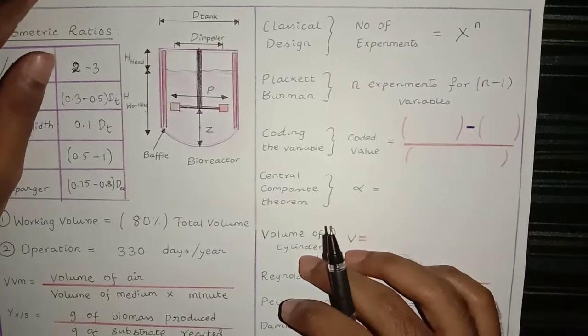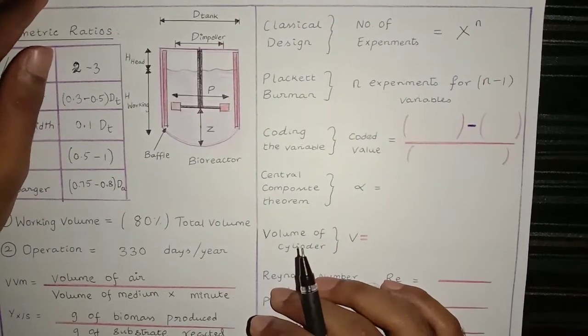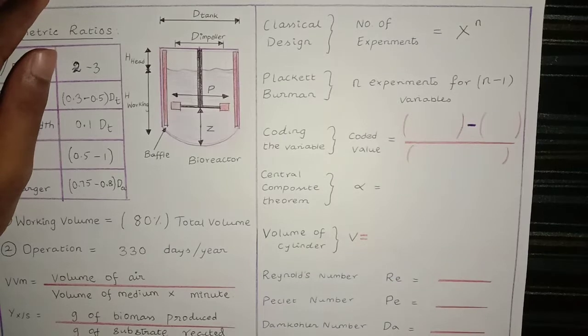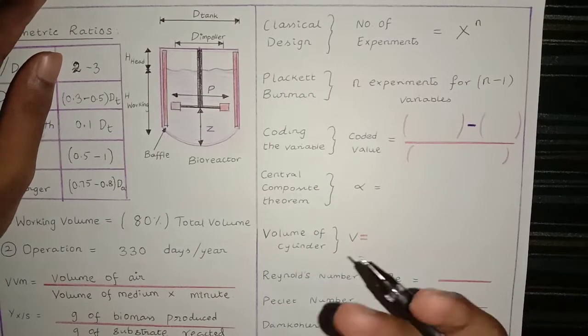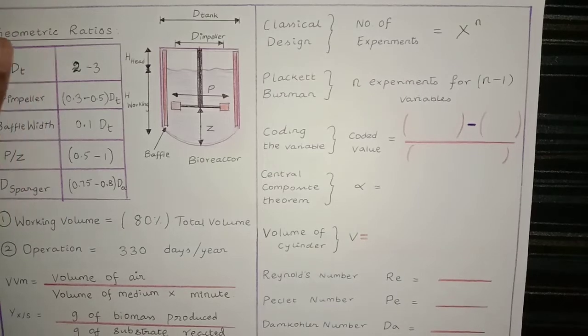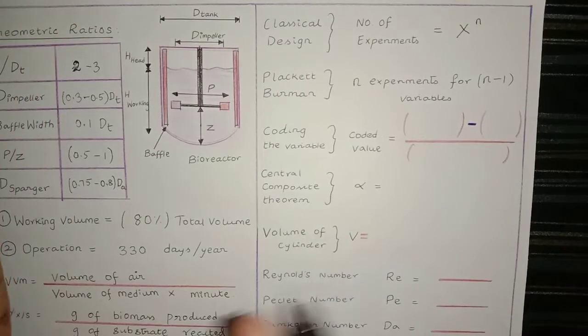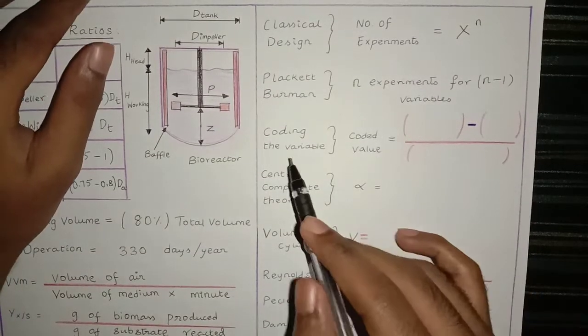Next we do what is called coding. Generally the variables would be say 10 gram per liter, 5 gram per liter. Instead of using this, we normalize. We make it range from -1 to +1. This is called coding.